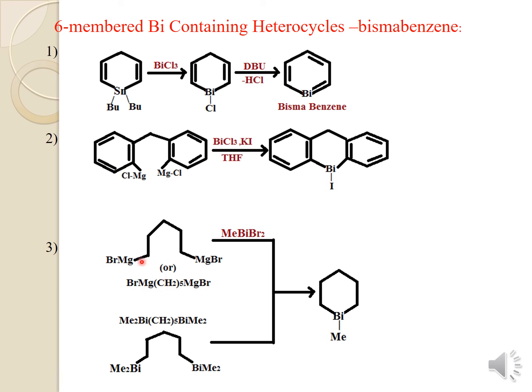When this is treated with methyl dibromo bismuth, you will result in the methyl bismane. Again, if you are treating it with the dimethyl bismuth compound, you will also result in this bismane product formation.